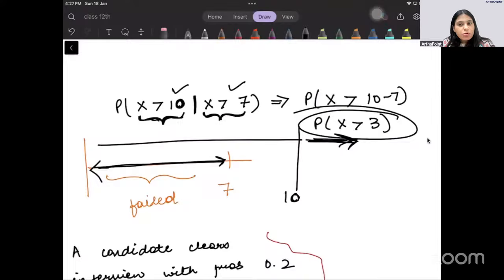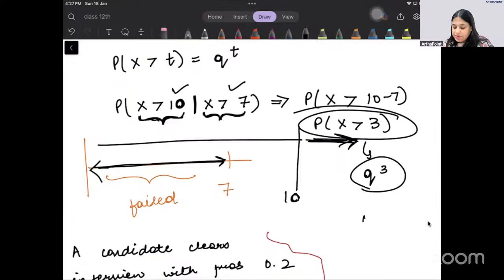That formula says that probability x greater than any t is just q to the power t. When you solve it, the answer will always be q to the power t. So in this case, if I have to find probability x greater than 3, this will simply be q to the power 3. That means 0.8 to the power 3. That's it.